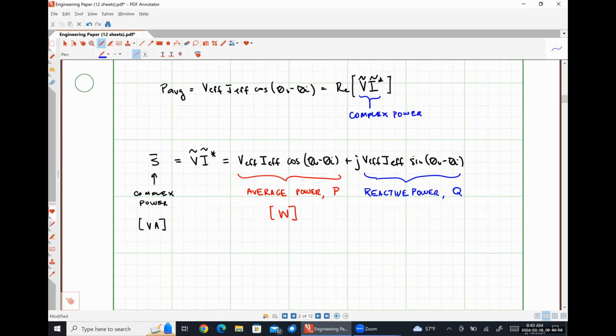Okay? This is an integral part of how our grid functions. So without any reactive power in our electricity grid, we would actually have constant blackouts every time a large group of people turned on appliances at the same time. Effectively, because most people come home and cook dinner at roughly the same time, everybody turning on their ovens or their microwaves all at once would cause a nationwide blackout.